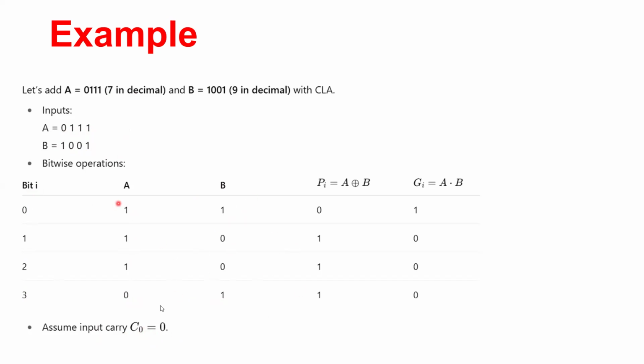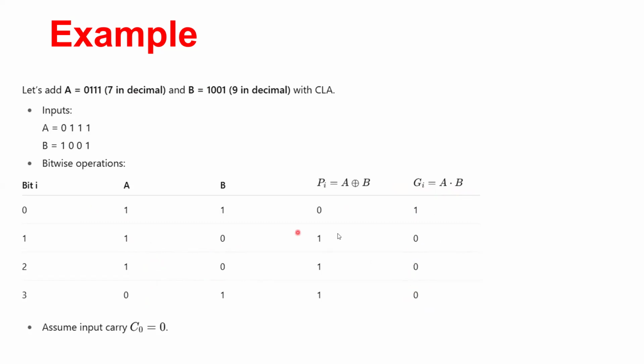Once you put them, you know that the generate logic and the propagate logic have these two equations, for each bit i equal to 0 to 3. For generate, you look at A and B: where both are 1, Gi is equal to 1. For the others it is 0, because one of the bits from A and B is 0.